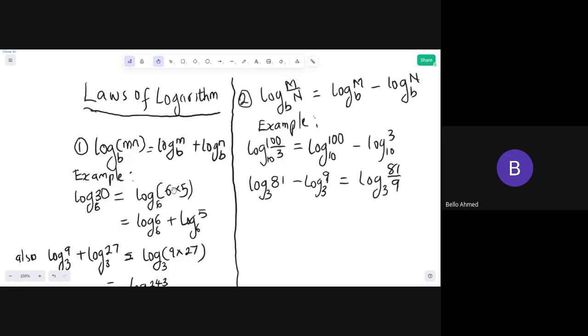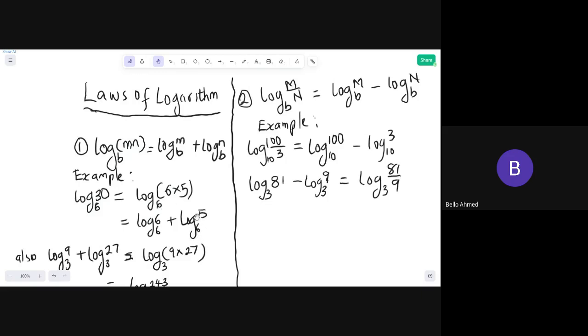Once you do that, we can now write logarithm of 6 base 6 plus logarithm of 5 base 6.